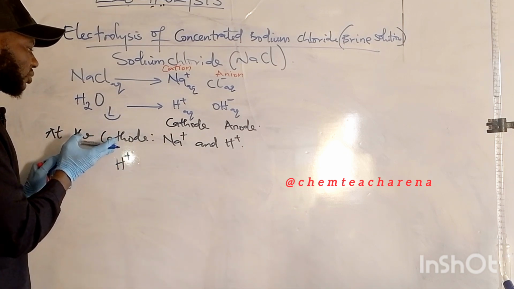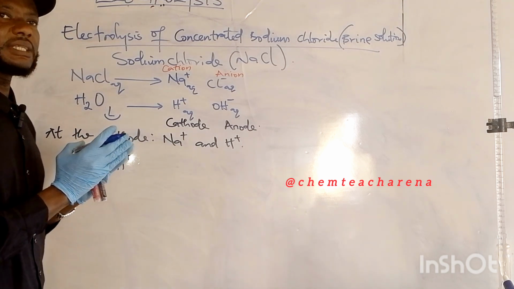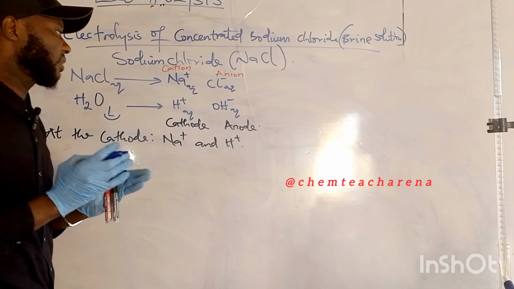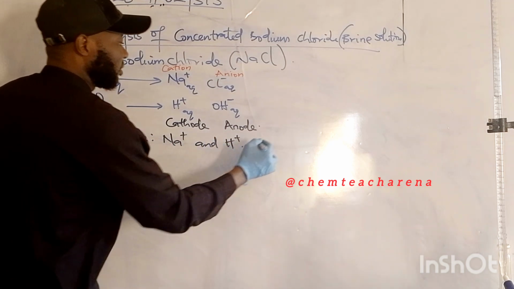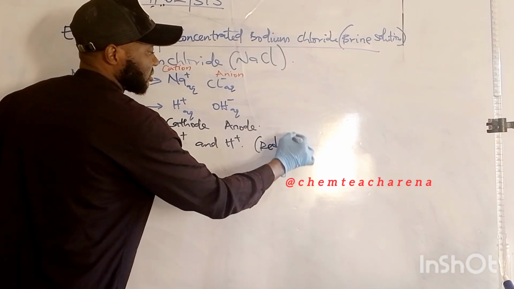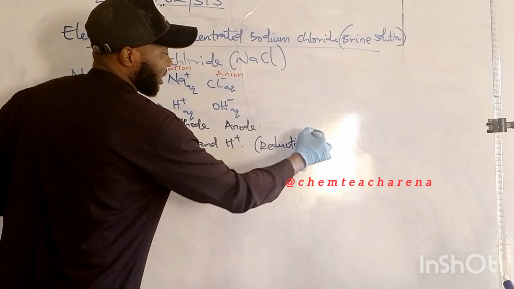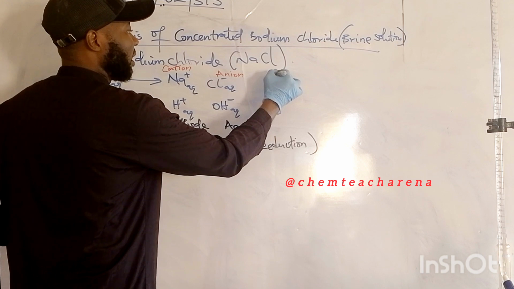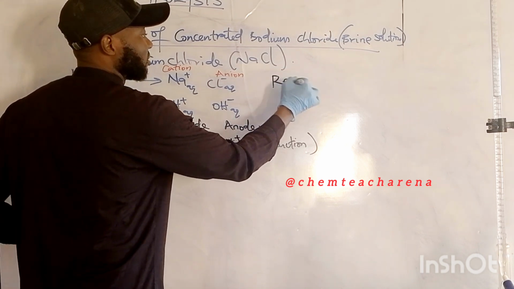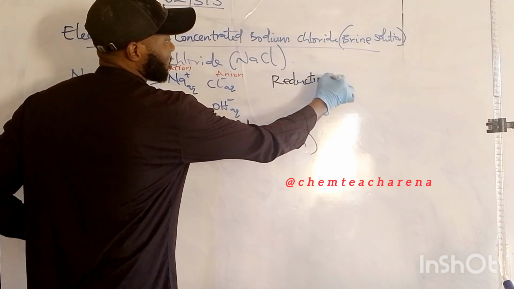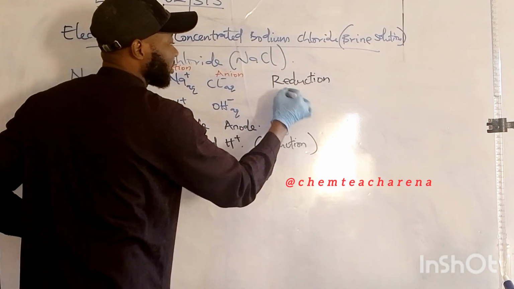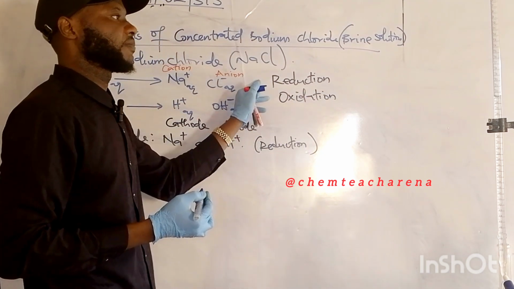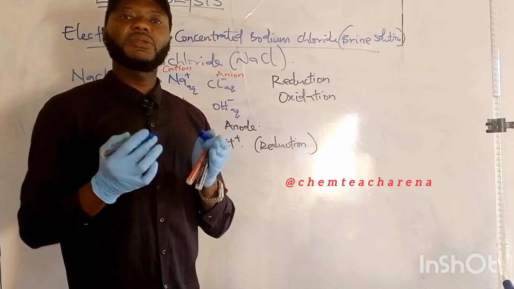Before I proceed, you see this cathode here. We said that reduction reaction occurs at the cathode, and oxidation reaction occurs at the anode. What is reduction?